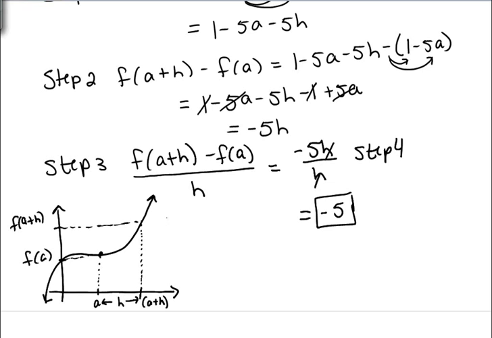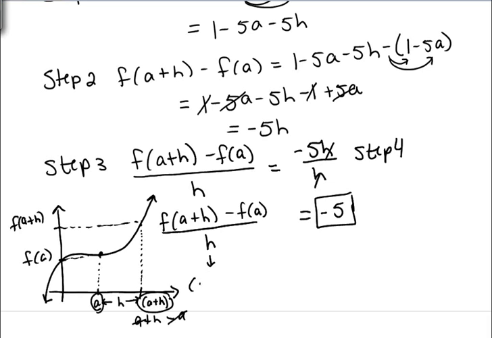So the calculation that we just did was f of a plus h minus f of a, and divided by h. But h is a plus h, this x coordinate, minus a, this x-coordinate. And these a's then cancel and you get h. Okay, but this h really is the same as a plus h minus a. So what we have is on the top, we have the difference of the y's.